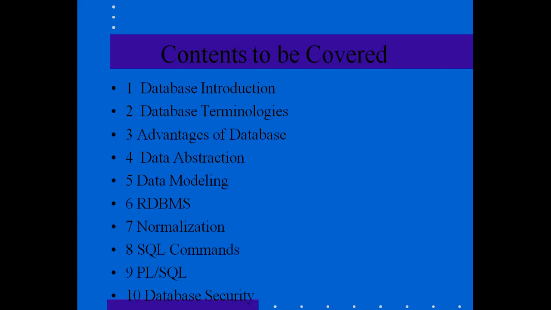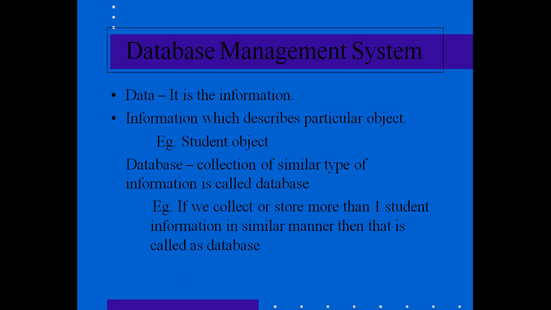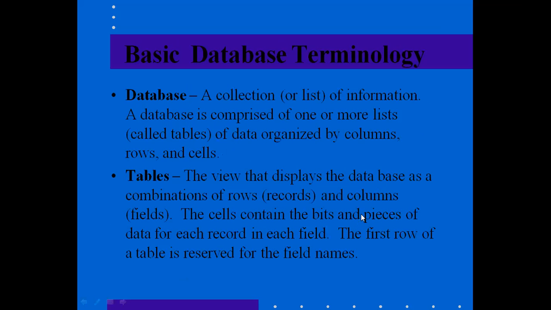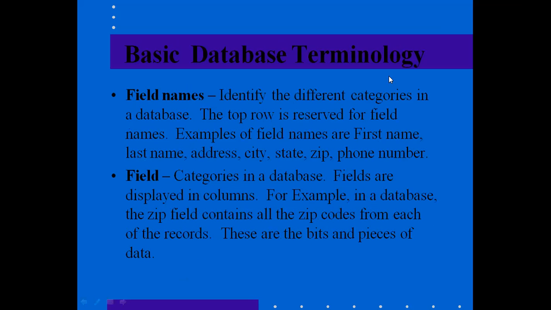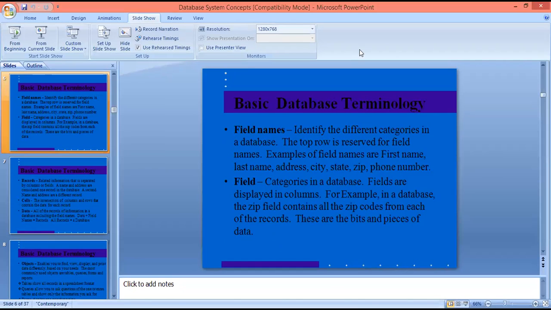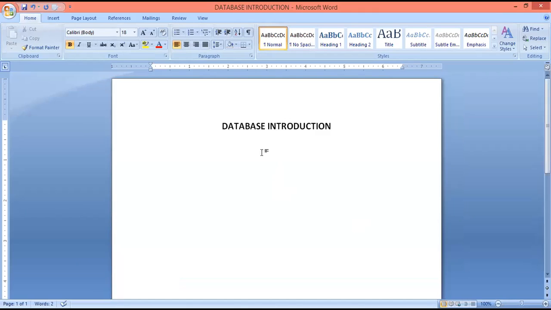Now firstly we will start with the database management system introduction. First we will see what is data. What do you mean by data? We will divide this word into small parts. The name of the subject is database management system.